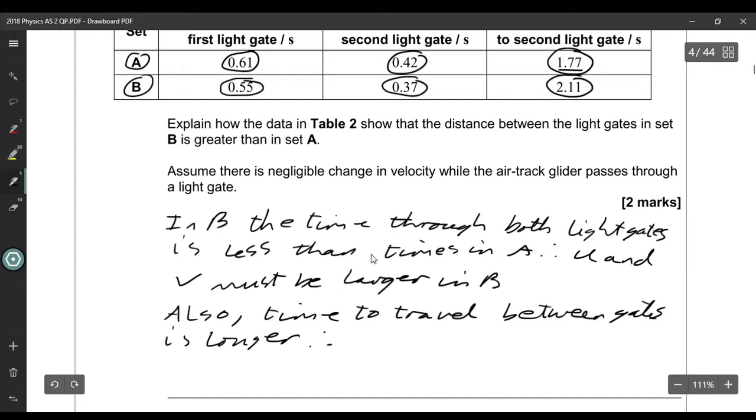Therefore, the distance must be greater.